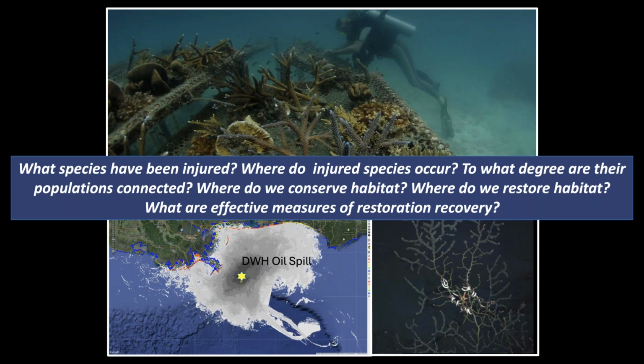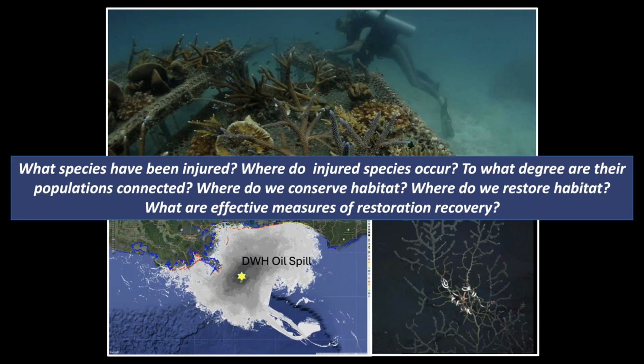There's a lot of efforts, I'm sure many of you know, to restore corals. We have to find out what species have been injured, where do they occur, to what degree are their populations connected, where do we conserve habitat, where do we restore habitat, what are the effective measures of restoration recovery.